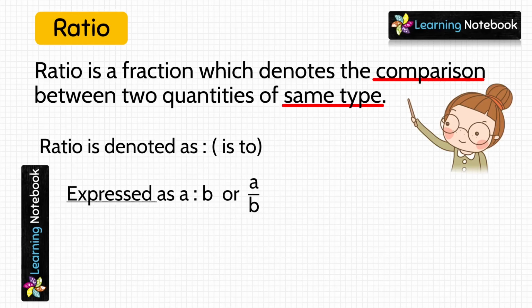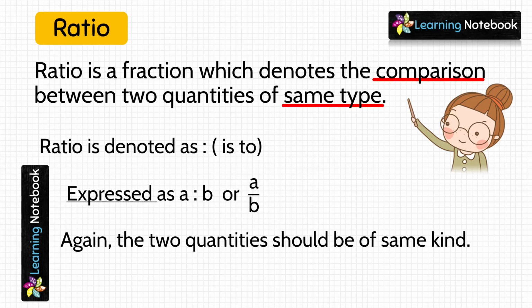In general, ratio is expressed as A:B or A by B. Again, remember that the quantities being compared should be of same type or kind. So it means if we are given one quantity in kilograms and other quantity in grams, then before finding their ratio, you either have to convert both of them in grams or in kilograms.